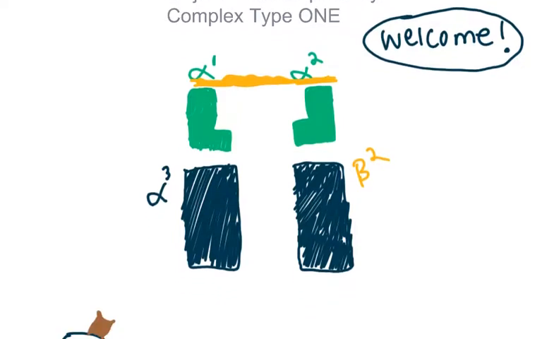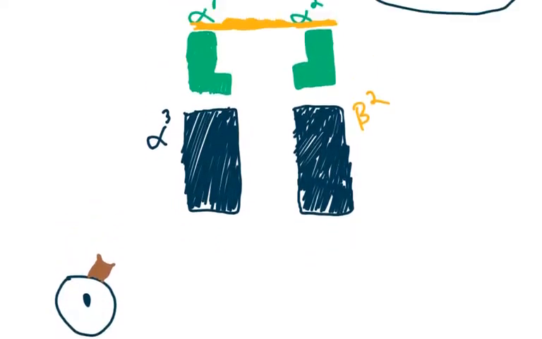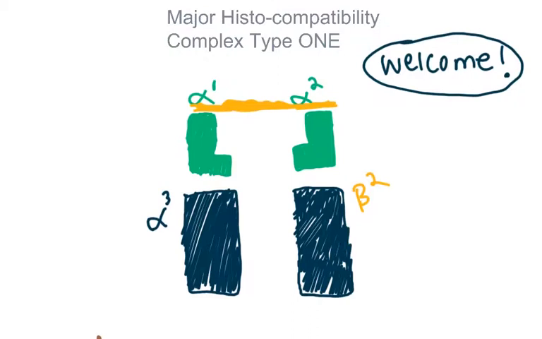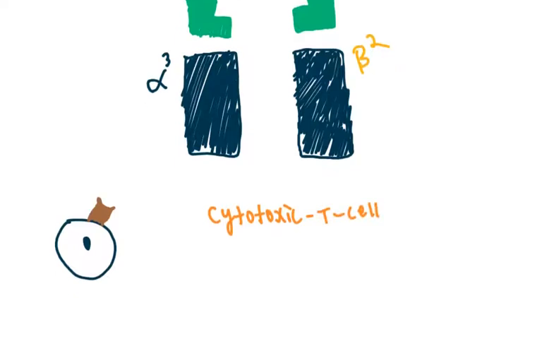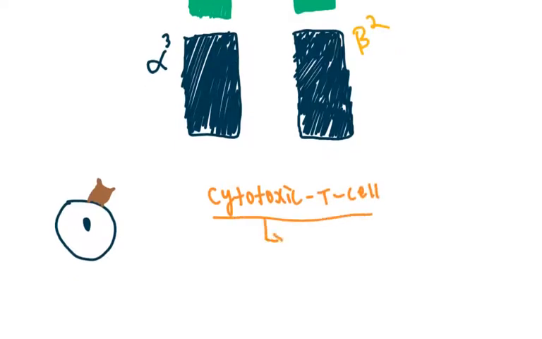One cell that we'll talk about in a future video is a type of T lymphocyte. It's called a cytotoxic T cell, and this is part of the adaptive immune system.